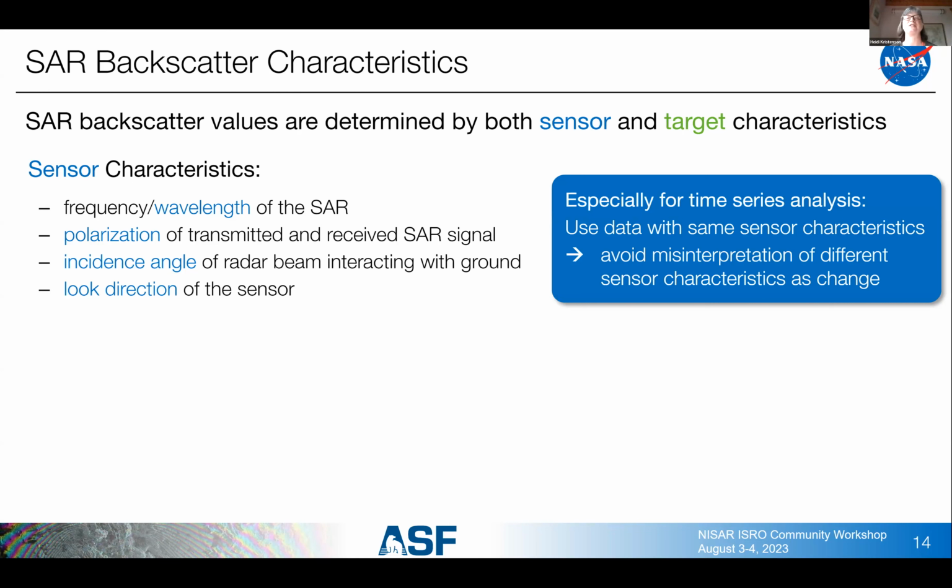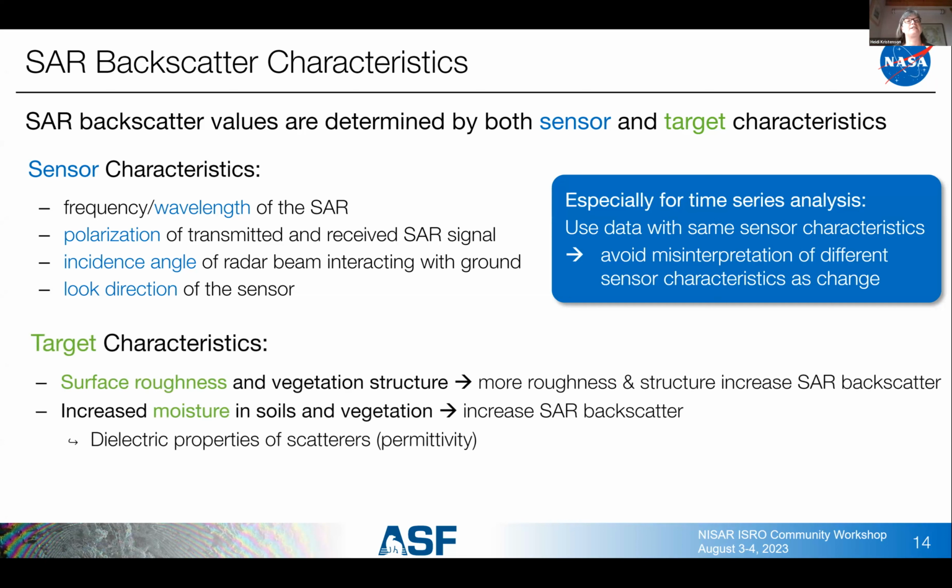So when you're comparing data sets, especially, it's very important to make sure that you're being very consistent with the data sets that you're using. This becomes even more important if you're trying to look across different sensors. Many sensors are collecting in different wavelengths or use different polarizations, and that matters because you may see differences that are not actually due to differences on the ground, but differences in the sensor configuration.